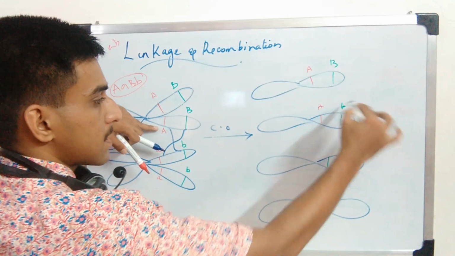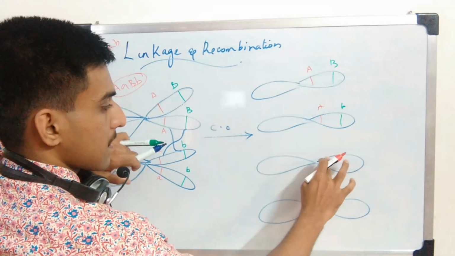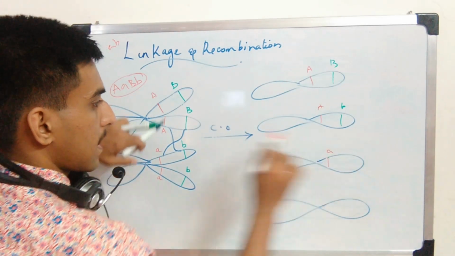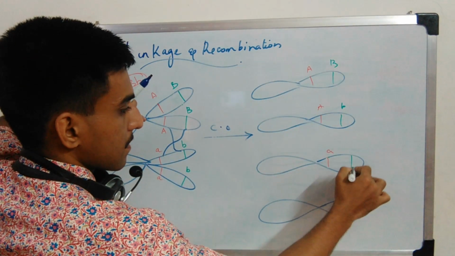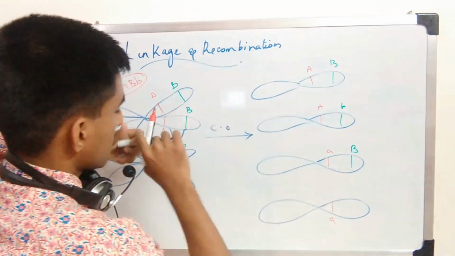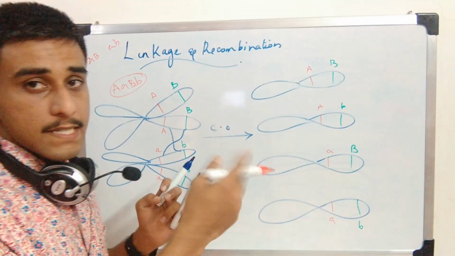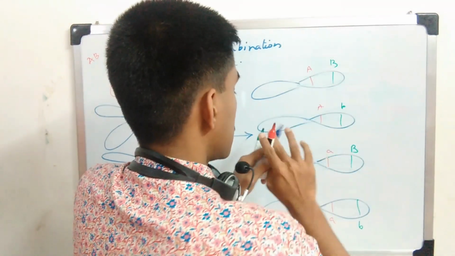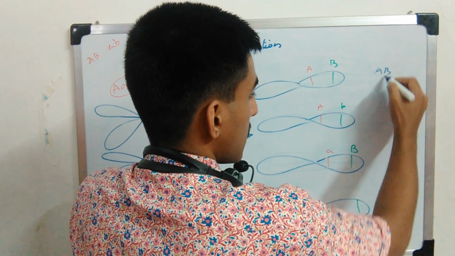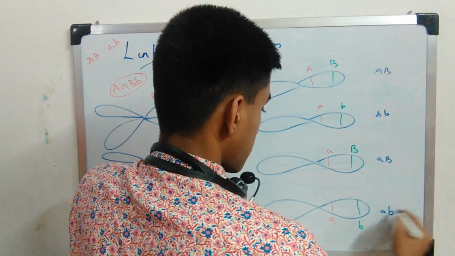So small b here, small a and capital B, and here small a and small b. So I am writing down the genotypes: AB, capital A small b, small a capital B, and small a small b.